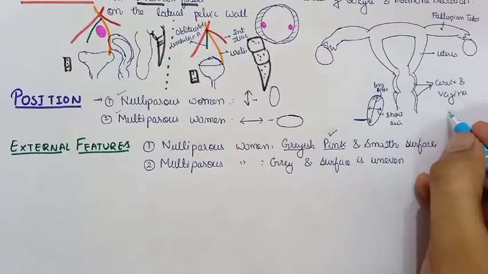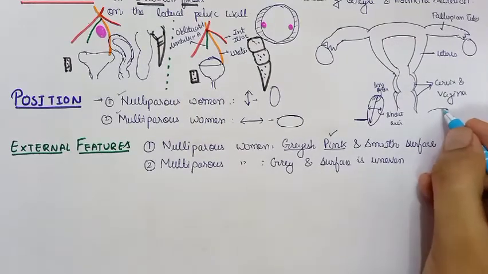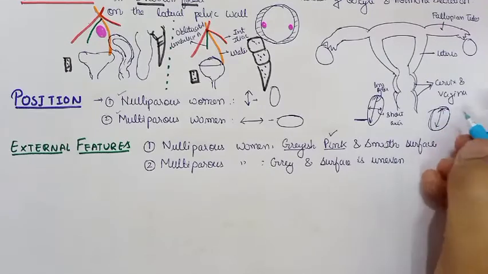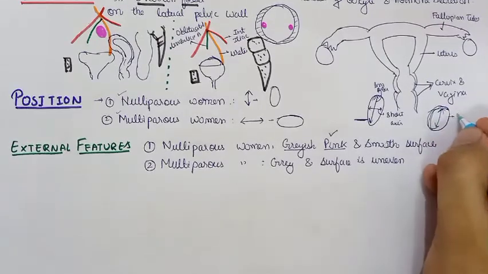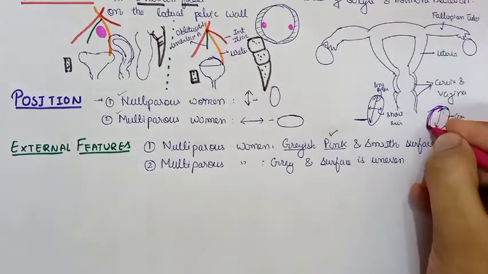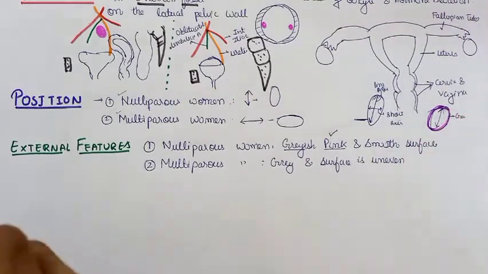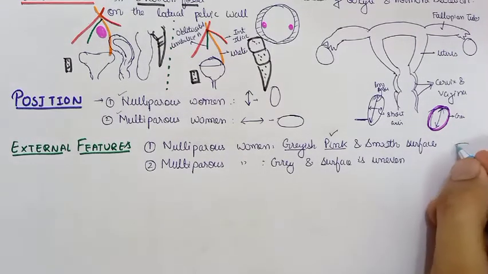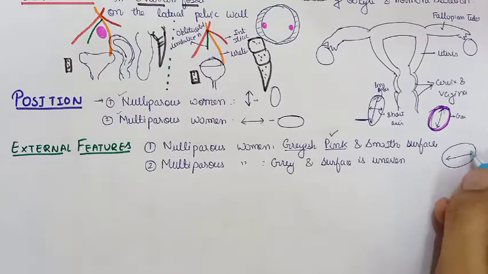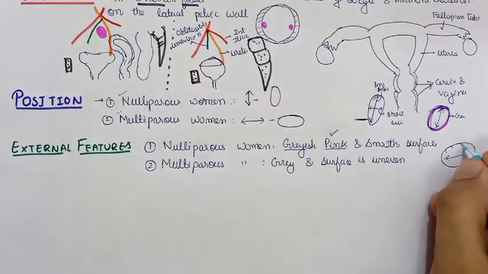So how does it look? The ovaries of the nulliparous woman will be like this, long axis directed vertically, with smooth surfaces and pink color. But what is the case in multiparous women? The ovaries are oriented like this, long axis is horizontal, the color is gray and the surface is uneven.